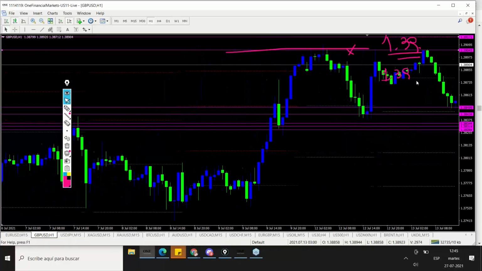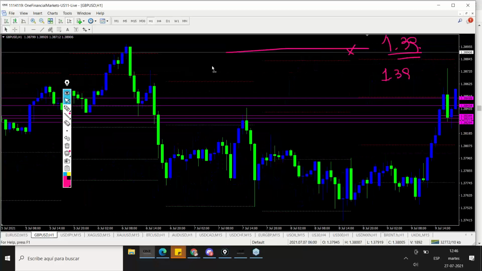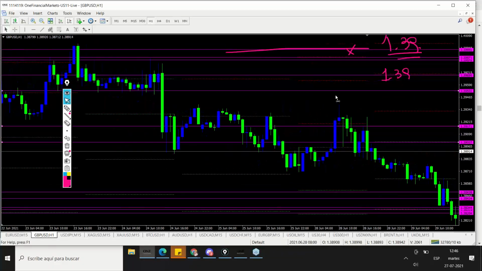Okay, so we can see the pound dollar, the 139 in the past, in July, it was a take profit level. If tomorrow we have the market above 139 with the confirmation and everything, then we're going to buy. So 139.10, 139.20, 139.50. Let me check more of the pound dollar in the area.